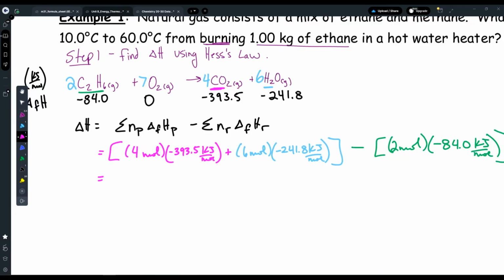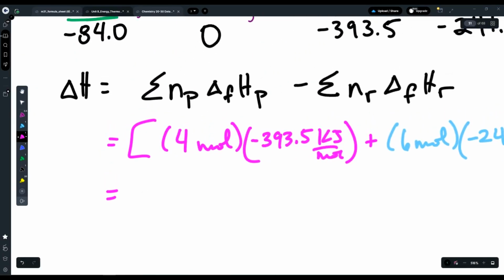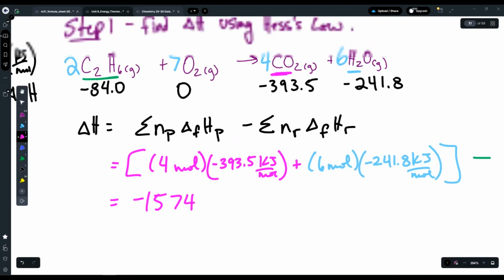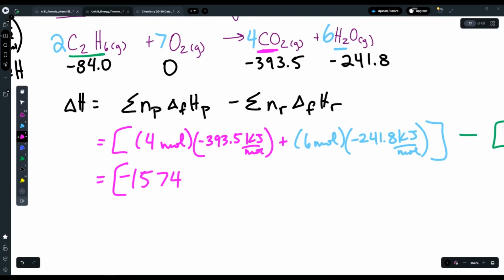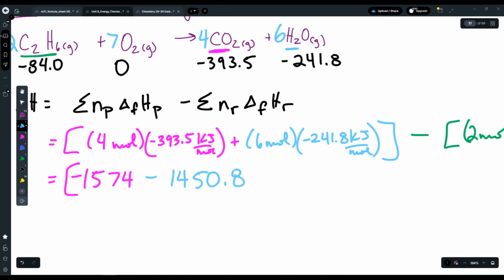So 4 times negative 393.5, that's going to give us negative 1574. And then 6 times negative 241.8 is going to give us 1450.8. And these are kilojoules.